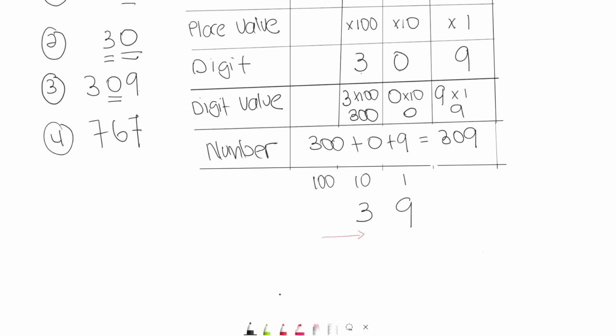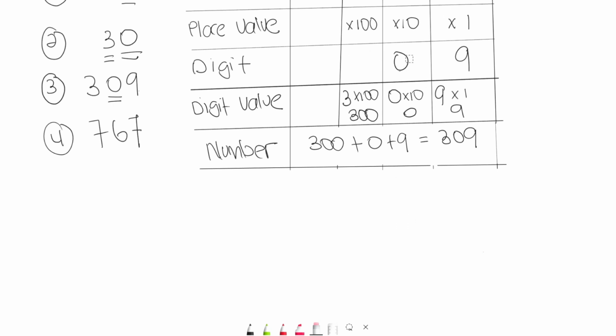It becomes 39. Do you understand? So how important is this 0? The 0 acts as a placeholder. That means it holds the digit 3 in the hundreds place value so that it doesn't slide to the tens place value and change the number. Do you understand? Okay.